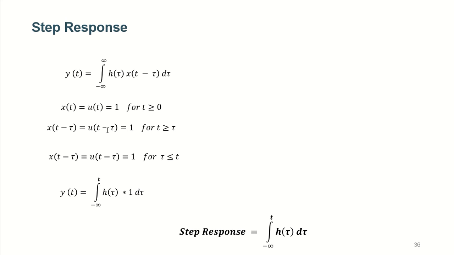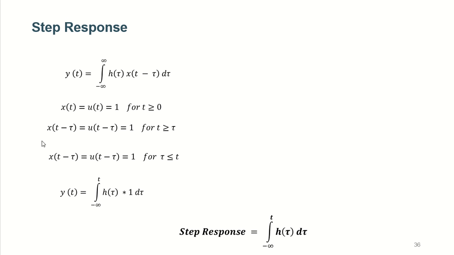So for all the values of t which are greater than the value of tau, we will have x of t minus tau equal to u of t minus tau, or simply a unit value, 1, right? So can't we write this in a different way as well?